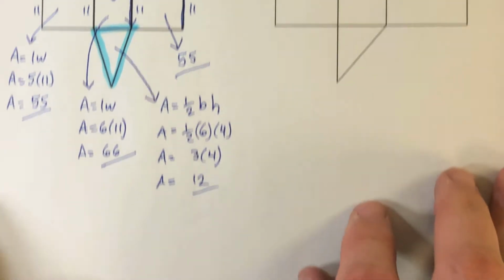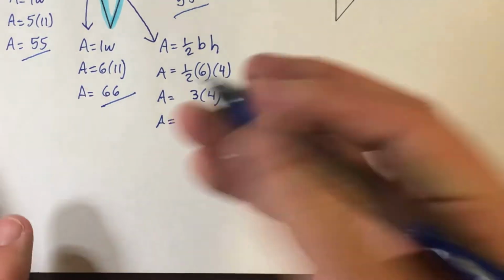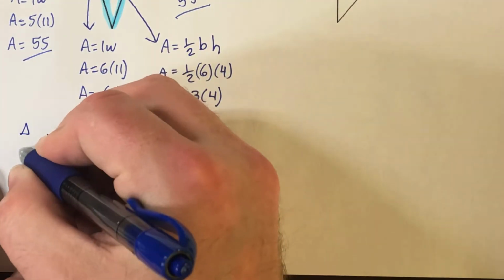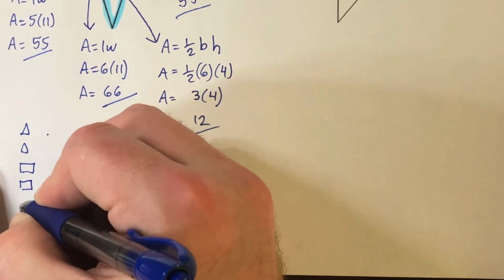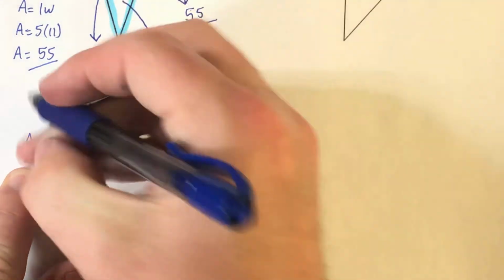Let's add them up. Another strategy on being sure that you have all parts is the following. So this has 2 triangles and 3 rectangles. So what am I going to do? I'm going to literally draw 2 little triangles and 3 rectangles. So my 2 triangle areas were 12 and 12.